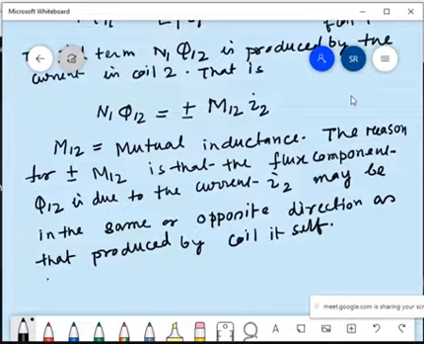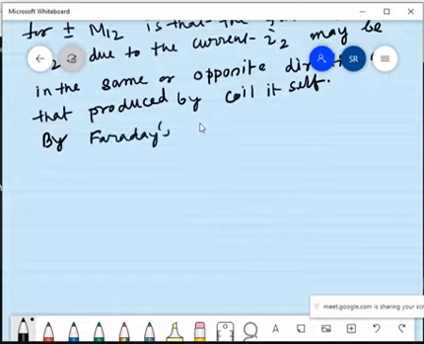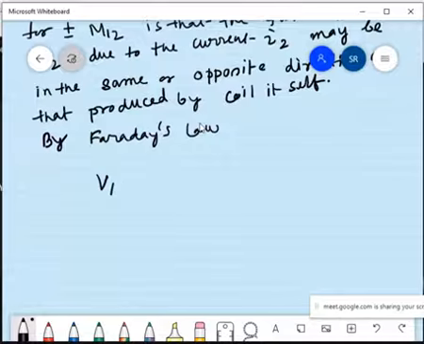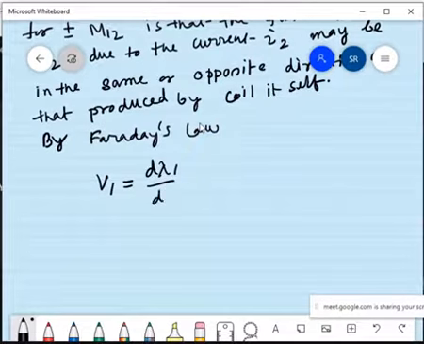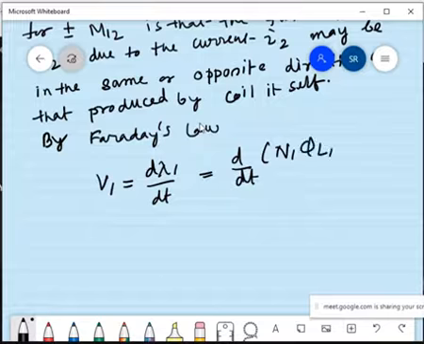Now, by Faraday's law of electromagnetic induction, V1, the voltage of coil 1, is equal to d lambda 1 dt, which is equal to d/dt of N1 phi L1.